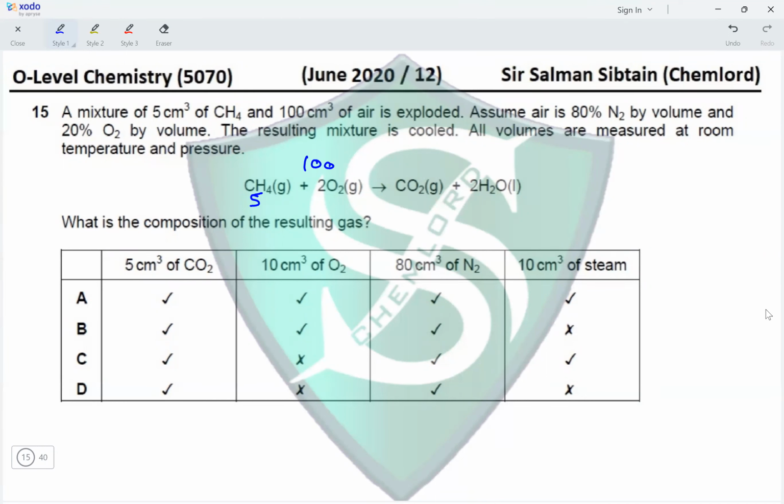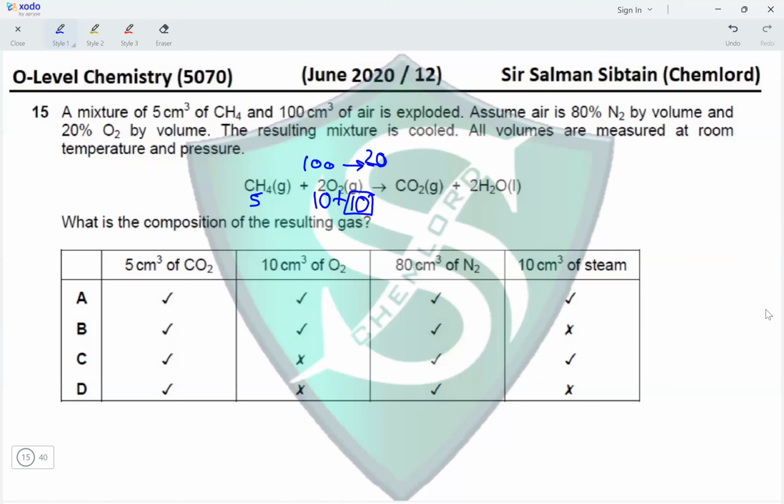Okay, so now if we have 100 cm cube of air, out of which 20 cm cube is oxygen, according to the molar ratio 1 is to 2, 5 cm cube of methane would require 10 cm cube of oxygen, which means 10 cm cube of oxygen is still in excess, right?